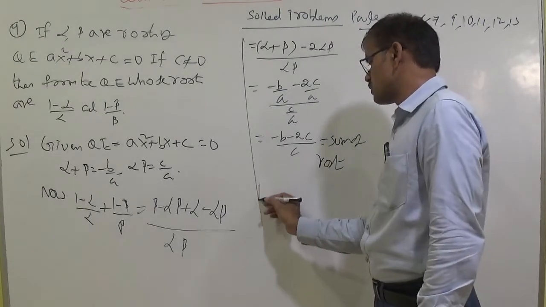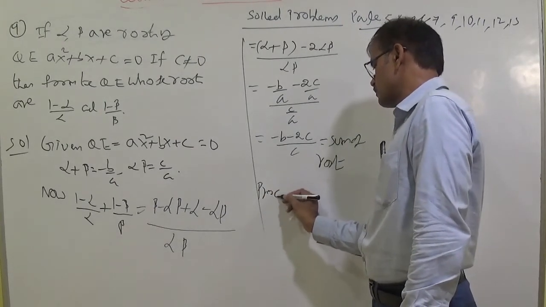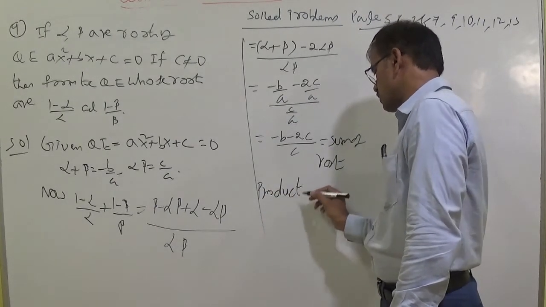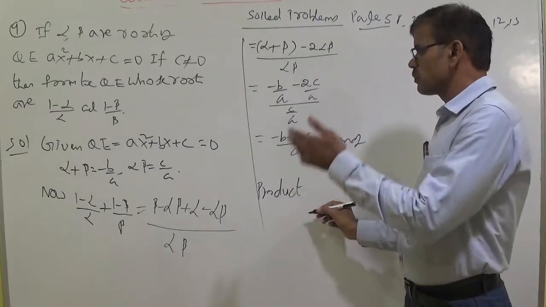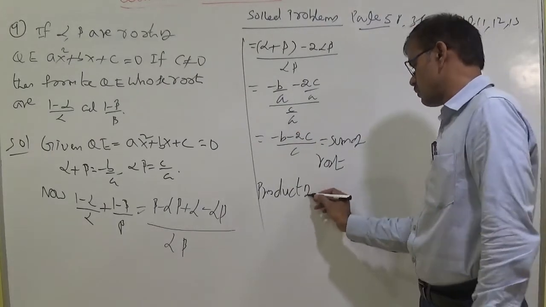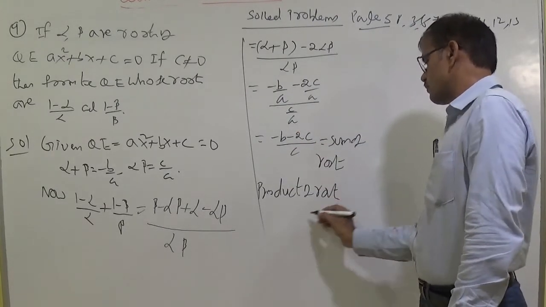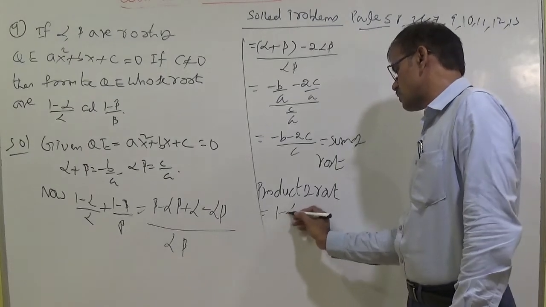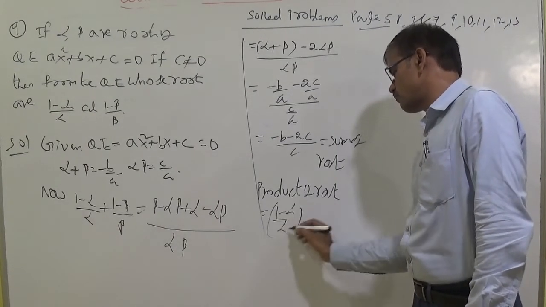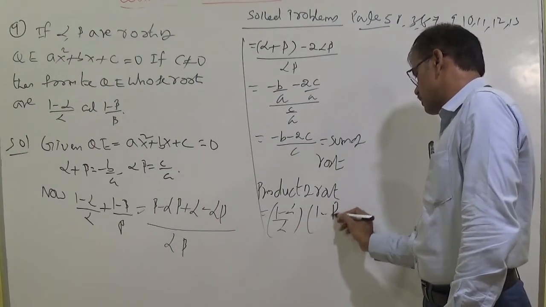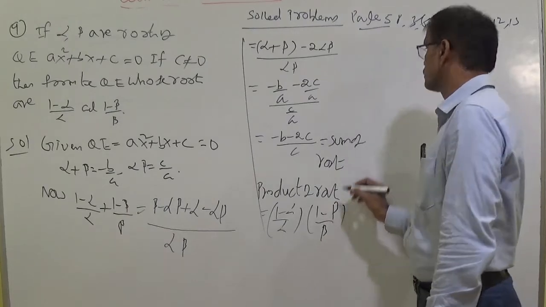Now you can write the product of roots. That is what we should calculate now. Product of roots is equal to (1 minus alpha) by alpha into (1 minus beta) by beta.